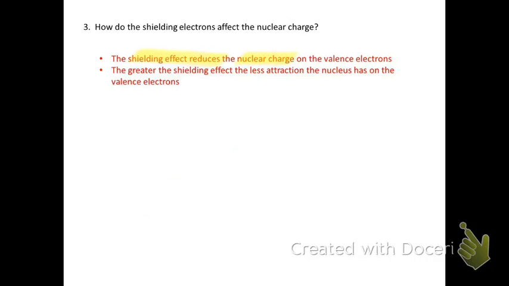The shielding effect has an important factor on the attraction between the nucleus and the valence electrons. And the last point is, the greater the shielding effect, the less attraction the nucleus has on the valence electrons, which we pointed out.